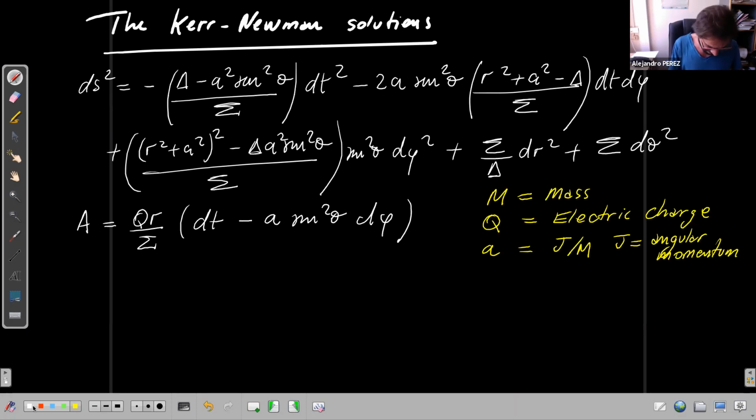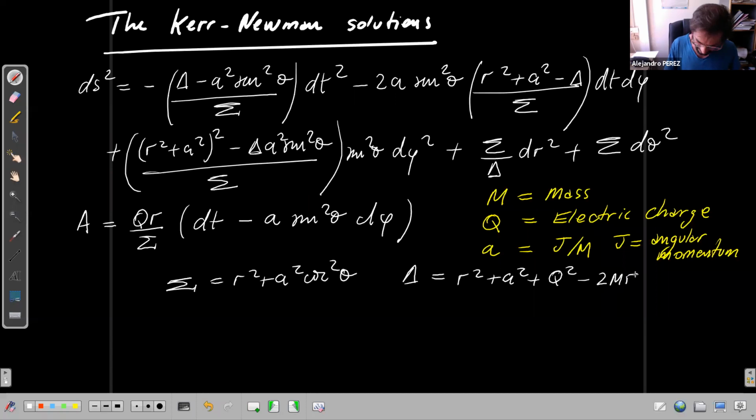And we need to define Σ, which is r² + a² cos²θ, and Δ, which is r² + a² + Q² − 2Mr.